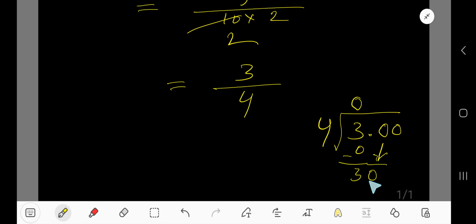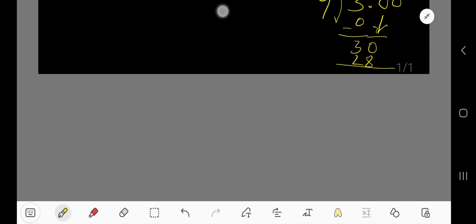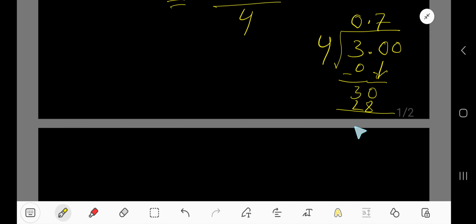4 goes into 30 how many times? Since you are bringing down this 0, before this 0 we have a decimal. The decimal must come to the quotient. Now 4 goes into 30 how many times? 7 times. 7 times 4, 28. Just subtract, what are you getting? You are getting 2, right?